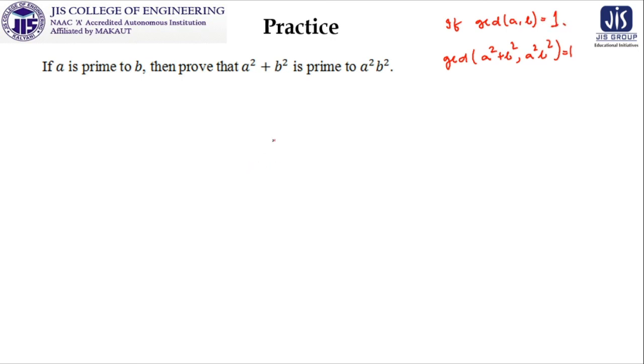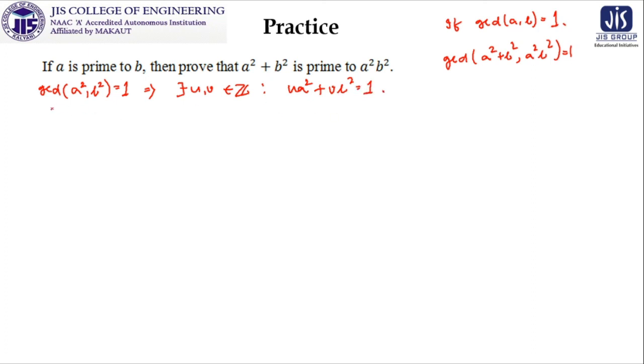It is not a very tough problem to show, because if GCD of a comma b is 1, then we know that GCD of a square comma b square will also be 1. This implies there exist u and v in Z such that u a square plus v b square is equal to 1.